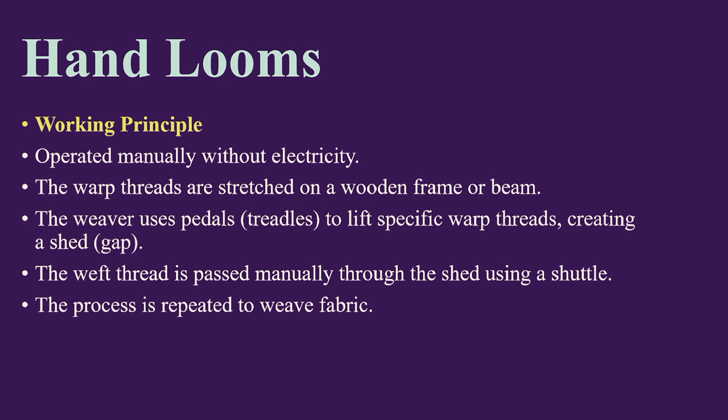In next step, the weft thread is passed manually through the shed using a shuttle. This process is repeated to weave the fabric. It is 100% manual process without electricity.